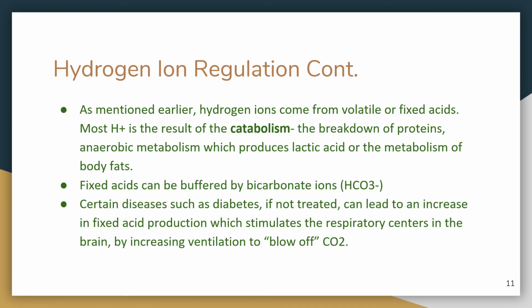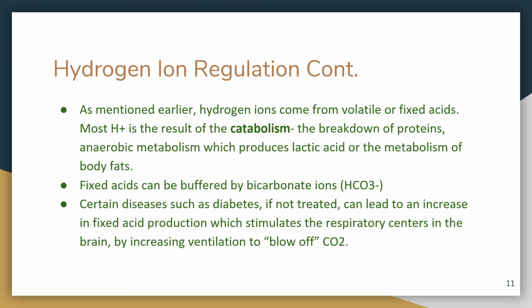Okay, so again, as we mentioned earlier, the hydrogen ions come from either volatile or fixed acids. Most of the hydrogen is a result of catabolism, which is the breakdown of proteins. So know that term, catabolism, is the breakdown of proteins. And anaerobic metabolism produces lactic acid.